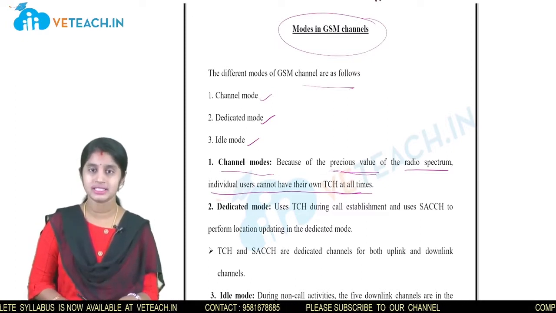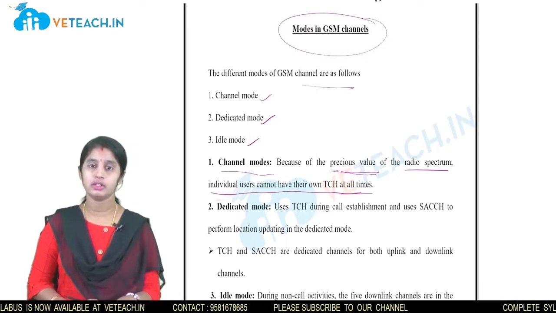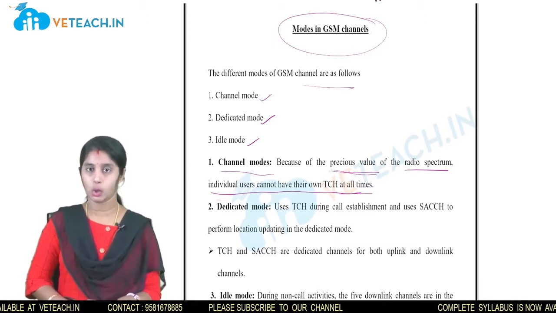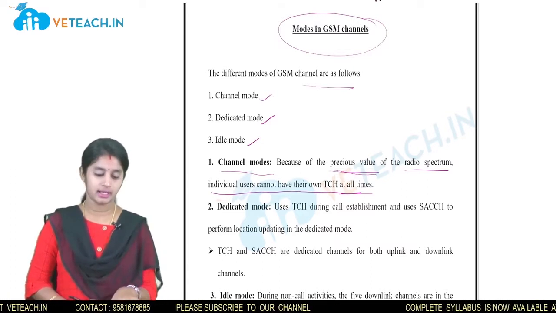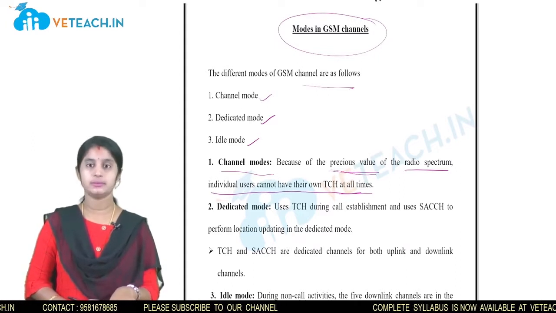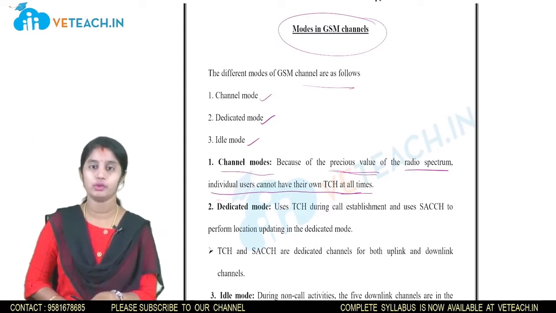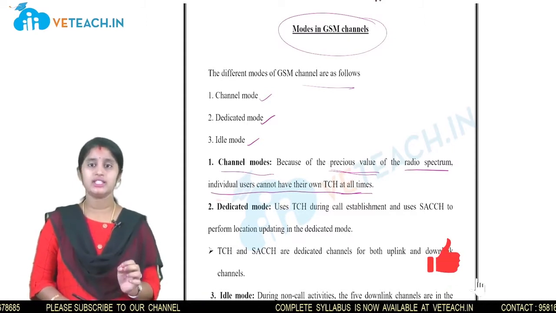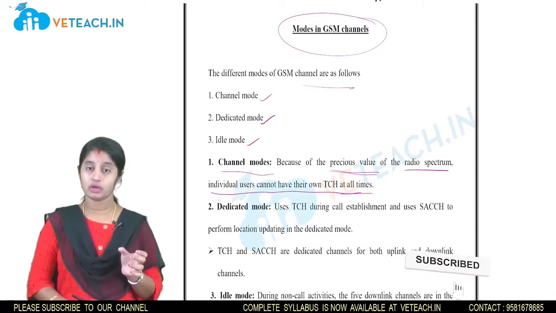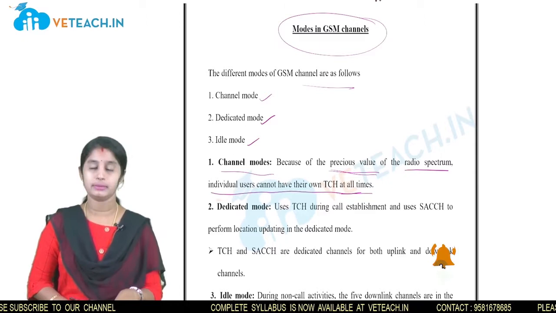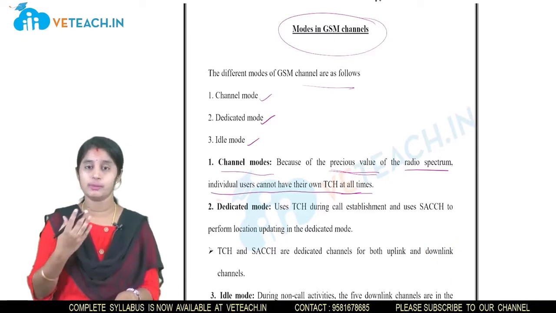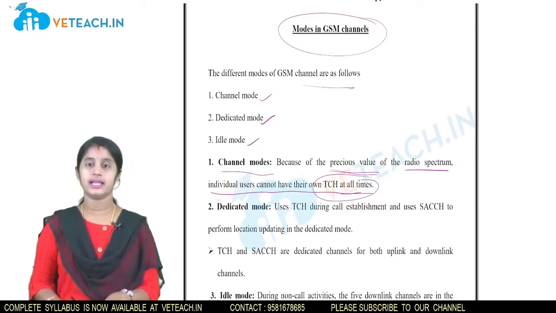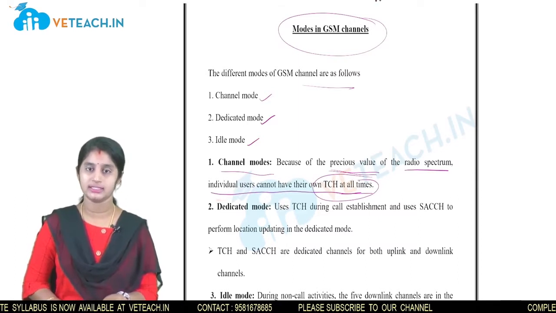Users are not allocated their own individual channel at all times, because the radio spectrum which is allocated as a channel is very precious for us, right? Because of this preciousness, each individual user cannot be assigned a channel. For that purpose, we have this allocation to provide the transmission channels.